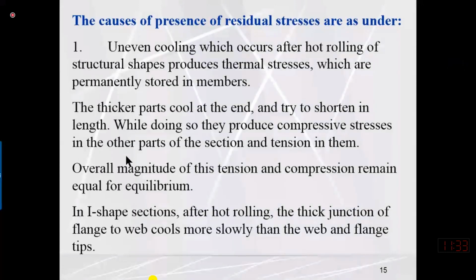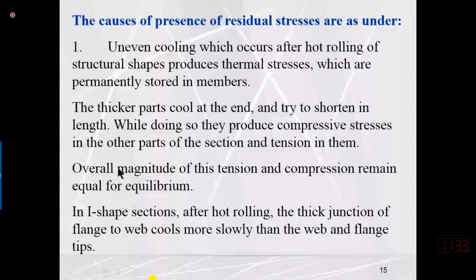So these are the reasons why residual stresses are produced. Uneven cooling which occurs after hot rolling of structural shapes produces thermal stresses, which are permanently stored. I have already explained that the thicker part cools at the end and tries to shorten in length. While doing so, it produces compressive stresses in the other part of the section and tension in them.